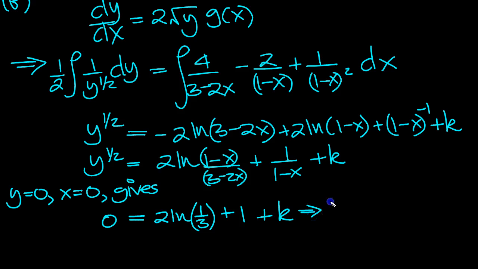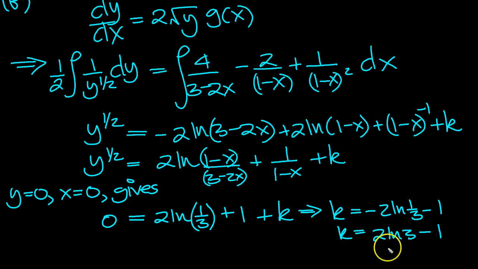So that tells us then that k is equal to, move this over there, it's minus 2 ln of 1/3 minus 1. So k is equal to then, flip this upside down by taking the minus up here, so it's 2 ln of 3 minus 1. There's k.